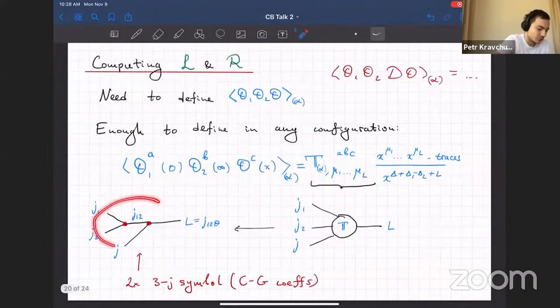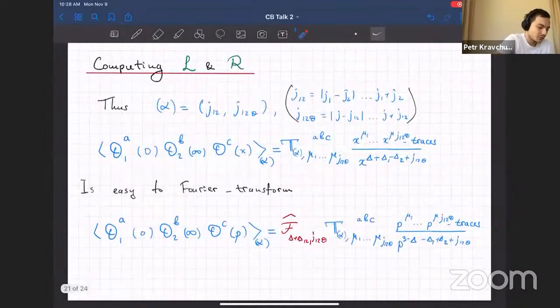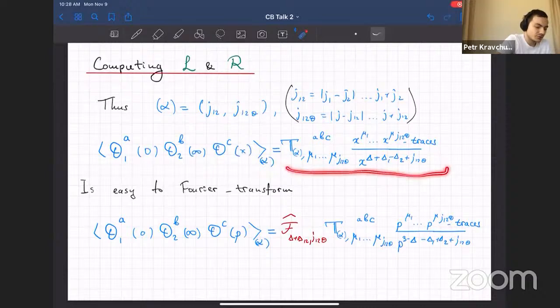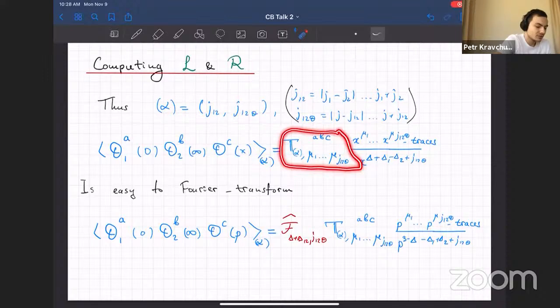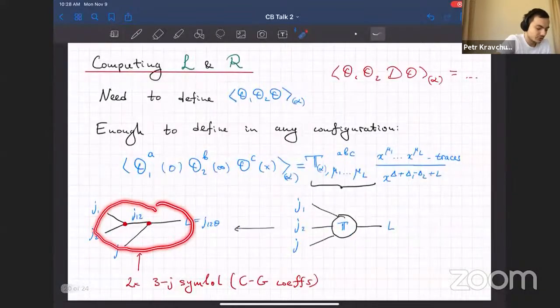So according to this picture here. And then the 3-point tensor structures are defined so that in this configuration, O, infinity, and X, they're equal to these expressions, where the tensor T, with this label alpha, is constructed by basically contracting the 3J symbols as in this diagram.